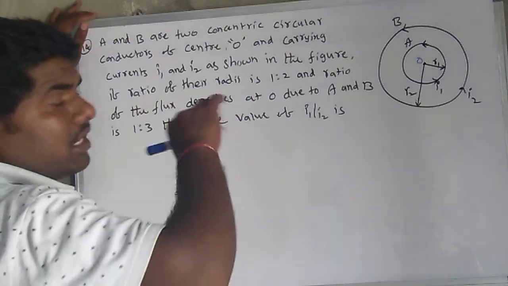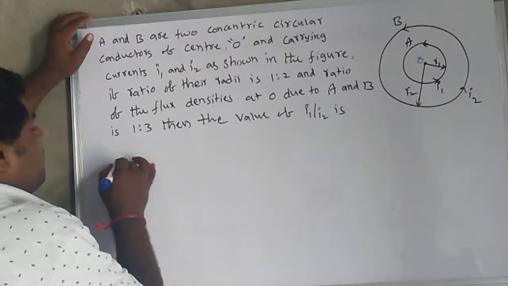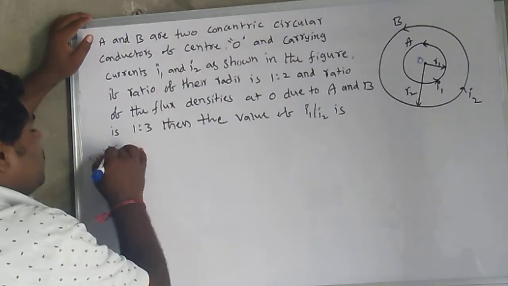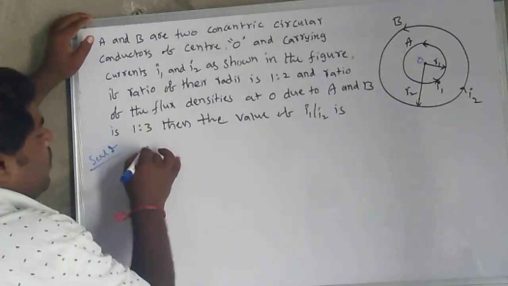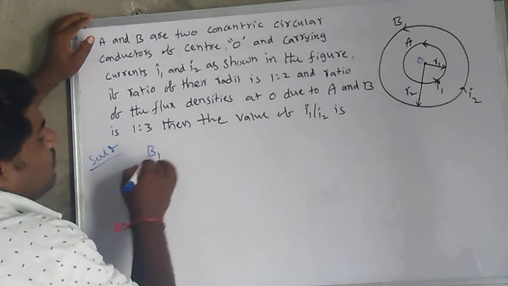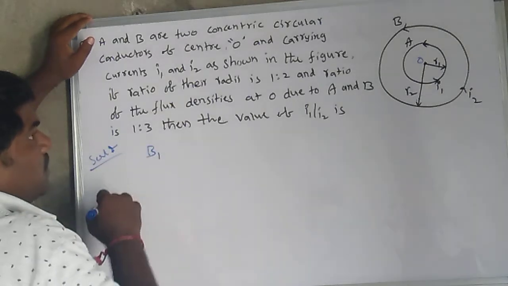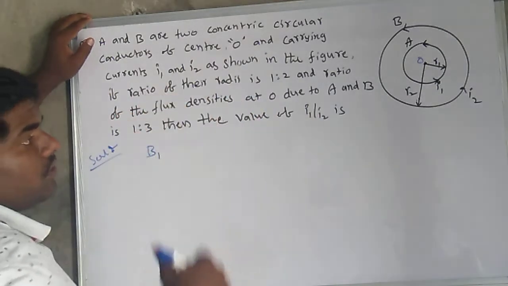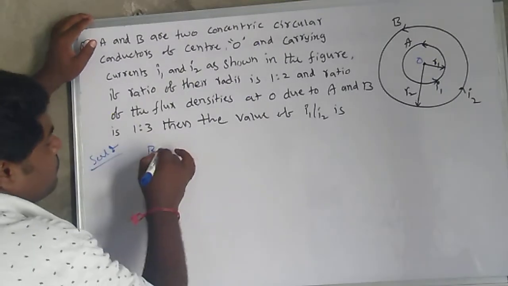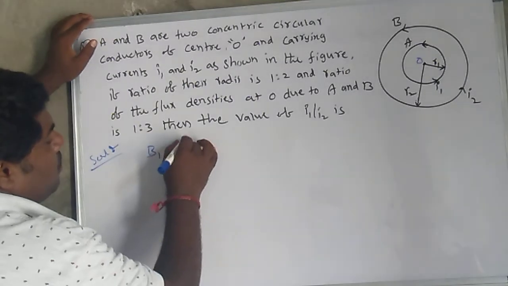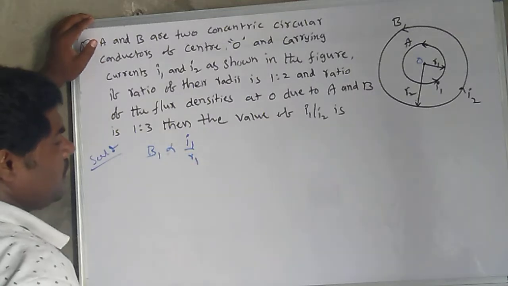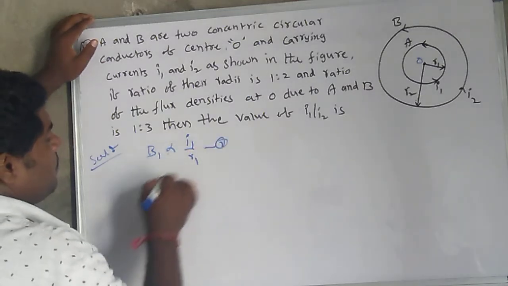So here is the solution. This one is the circles, inner circle and outer circle. B1 is nothing but the inner circle A magnetic induction, in anti-clockwise direction, so outward direction, directly proportional to I1 by R1 only. This is equation number 1.